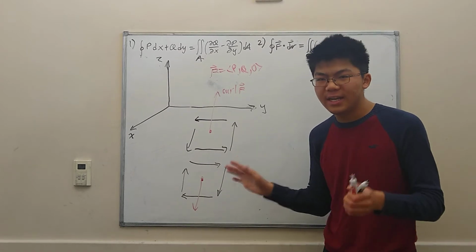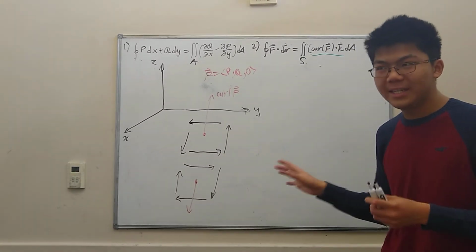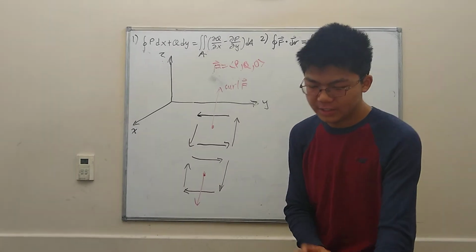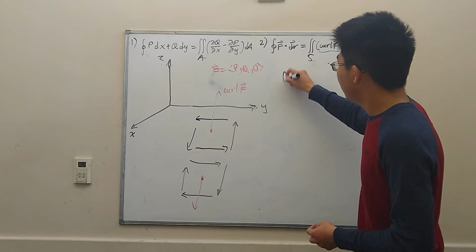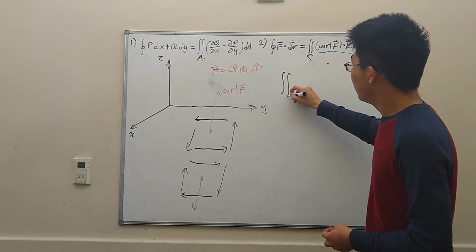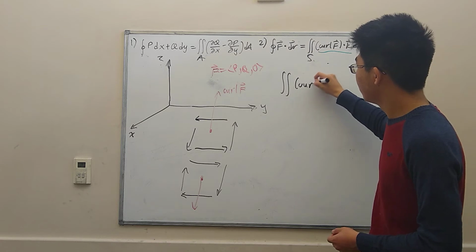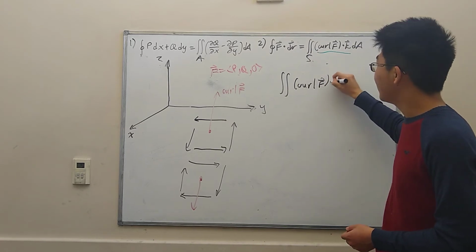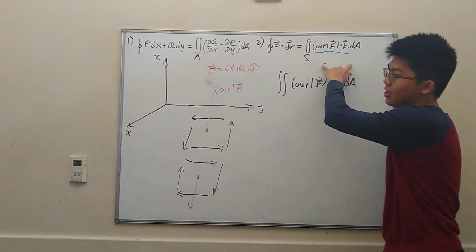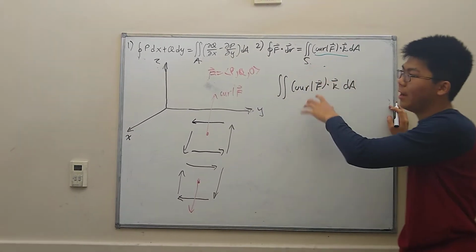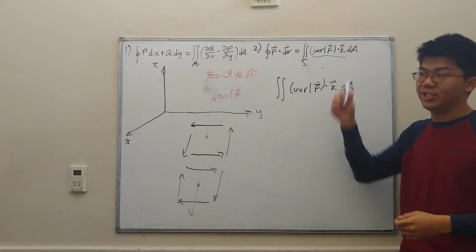Let's still take the line integral over the surface and verify that it works. But let me take the area integral first. So, we notice that when you do this curl of f dot k, here I'm going to use this expression instead. These two are the same, but I want to use this one because it's a little easier to explain using the second expression.